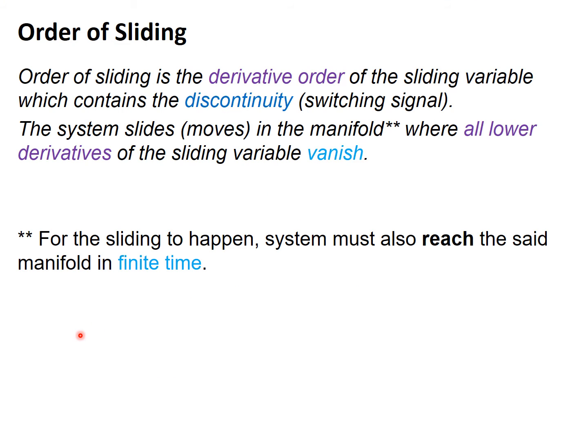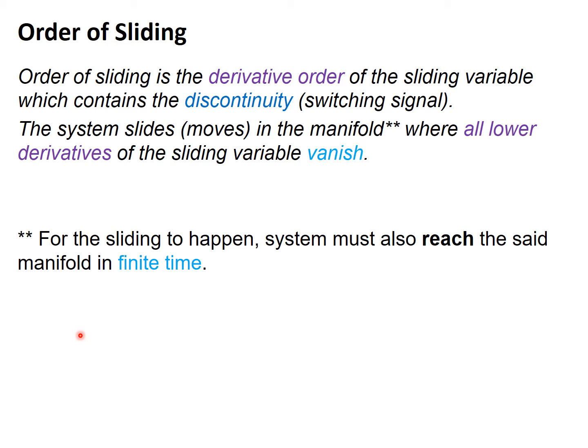So what is the order of sliding? We start with the definition. Order of sliding is the derivative order of the sliding variable which contains the discontinuity. Discontinuity meaning the switching signal. We know that sliding mode control is characterized by this switching signal.